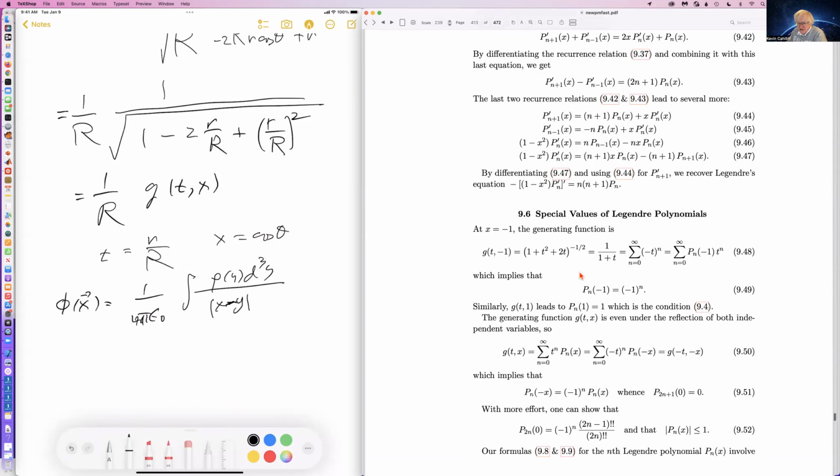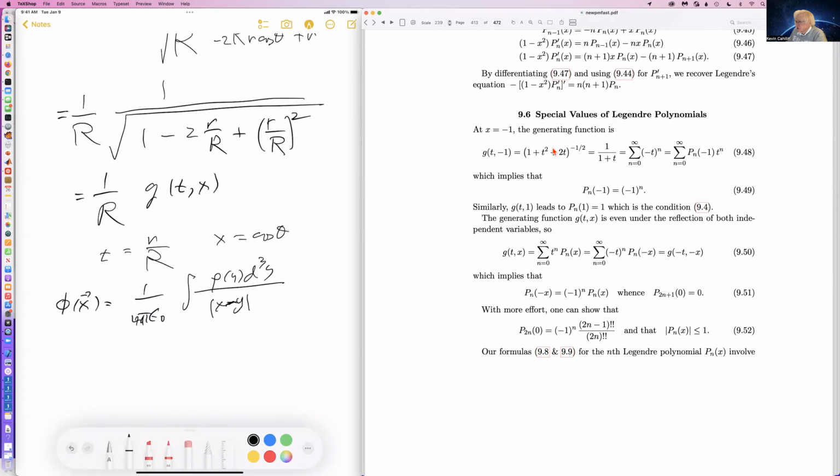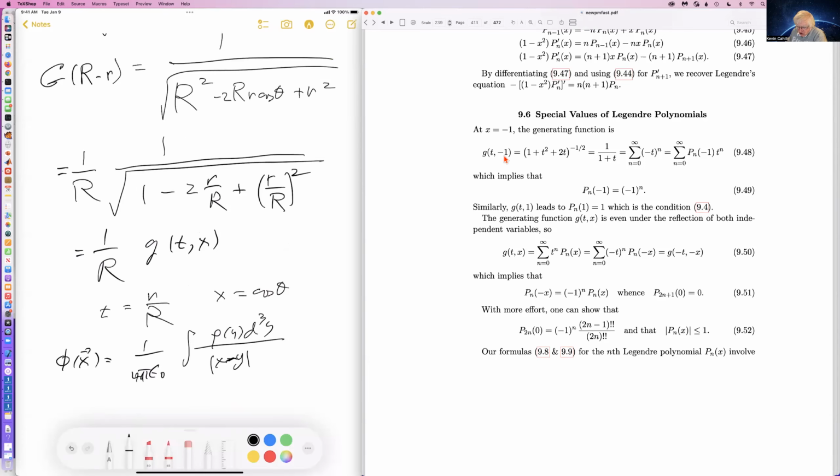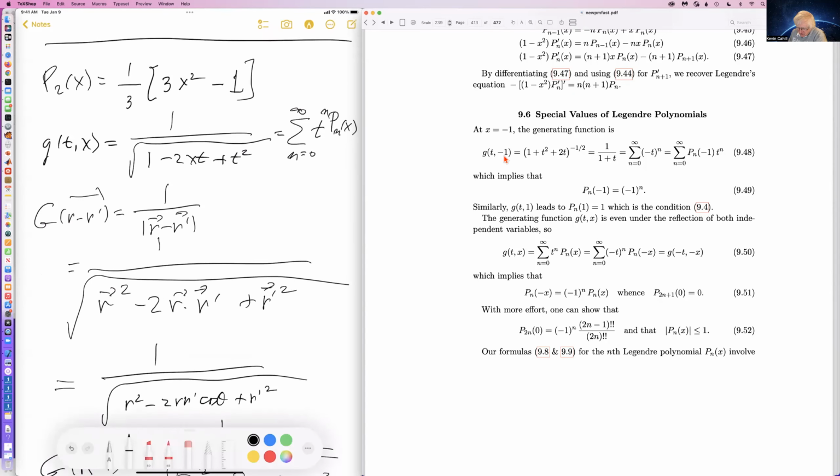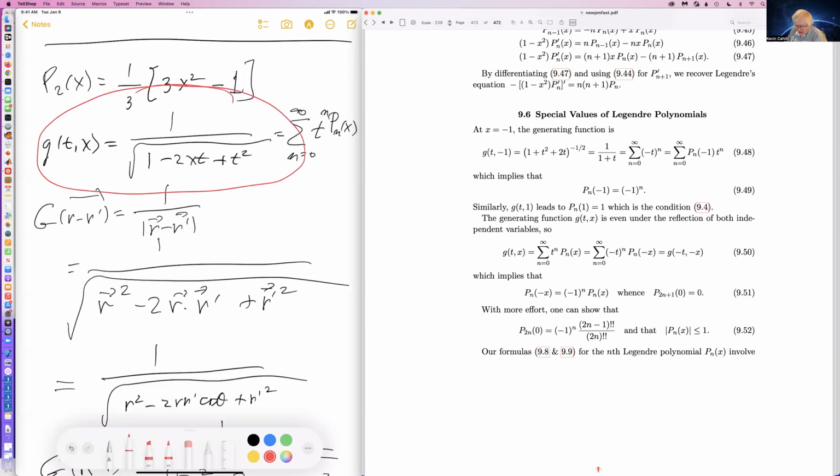So anyways, I said we were going to get the special values of these Legendre polynomials. And so what you do is you say g of t and minus 1. Well, what is g? g is 1 minus 2xt plus t squared.